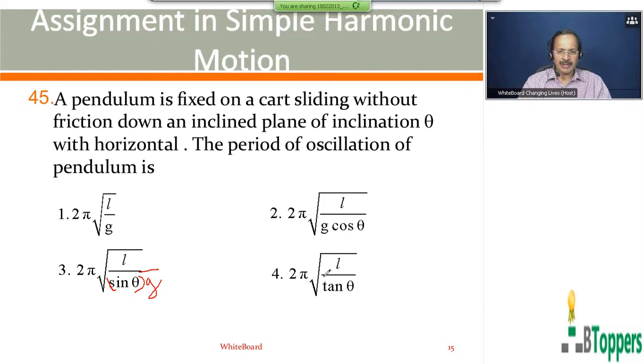And fourth option 2π root of L by tan theta into G. Come on, take a pause and complete the calculation. Take a pause and take your time to answer the question. This comes under one of special cases I discussed.